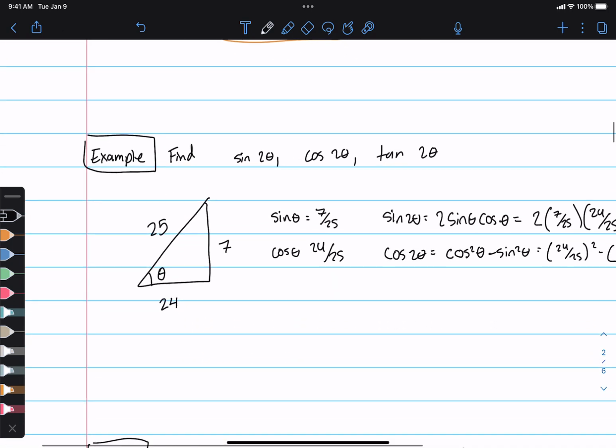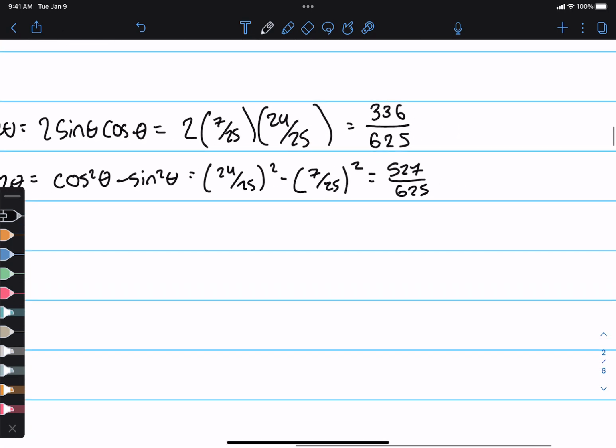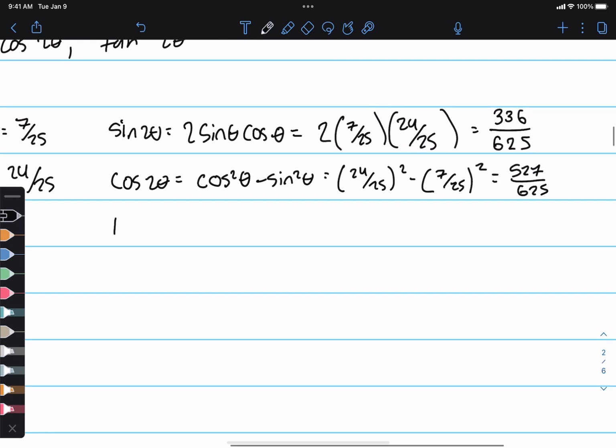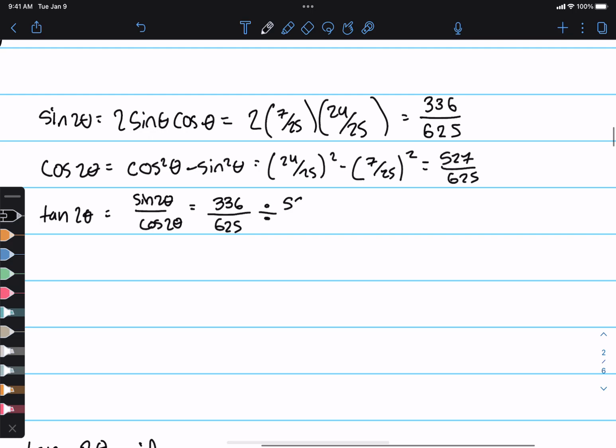And you could put this nasty formula in for tangent, but I don't want to do that. So instead, I am just going to write sine over cosine. So we know that the tangent of 2 theta is going to equal the sine of 2 theta over the cosine of 2 theta. And that's going to equal 336 divided by 625, the sine that we found, divided by 527 over 625.